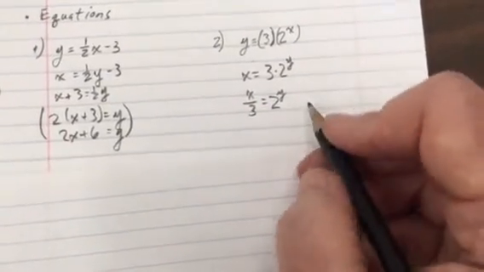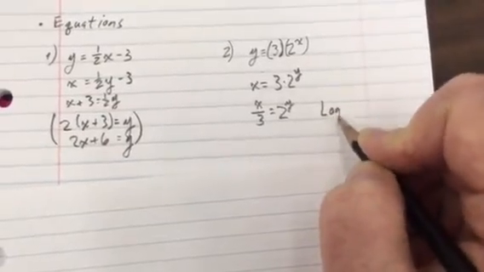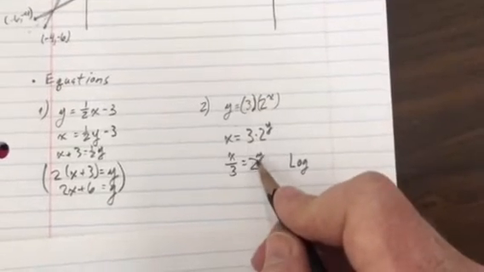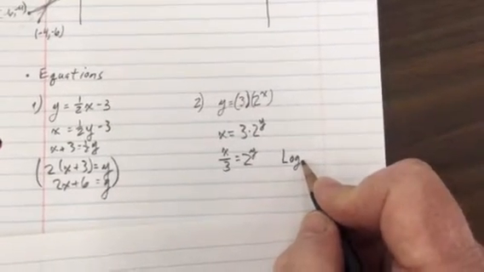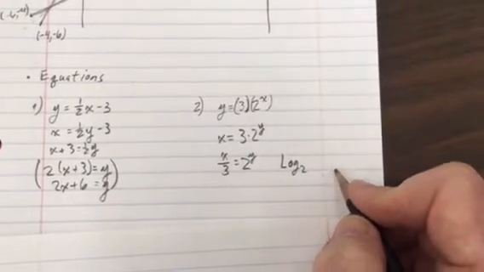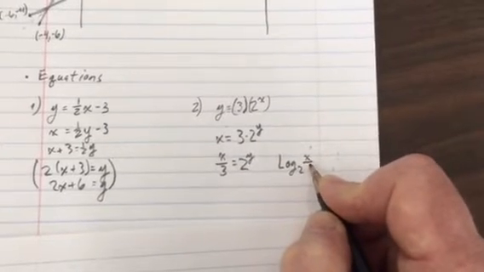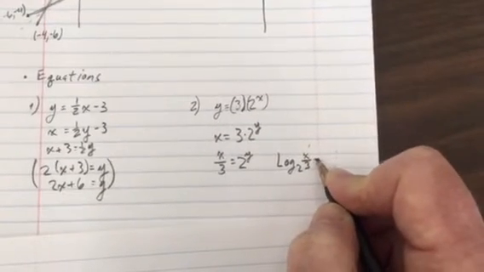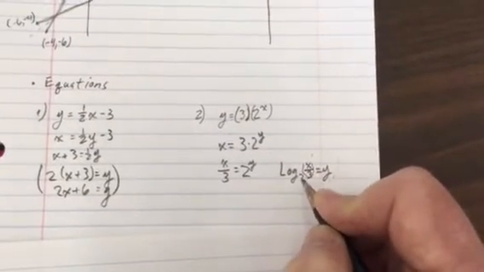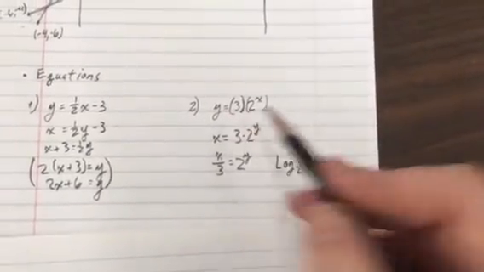The easy way is to do this: if you think about a log function, the base of my exponential function is 2, so I should have log base 2, and it's going to be 2 to the y equals this x over 3 thing. So if you just play with that little snail pattern, as we call it, there's your inverse function right there. Log base 2 of x over 3 is the inverse function to this exponential function here.